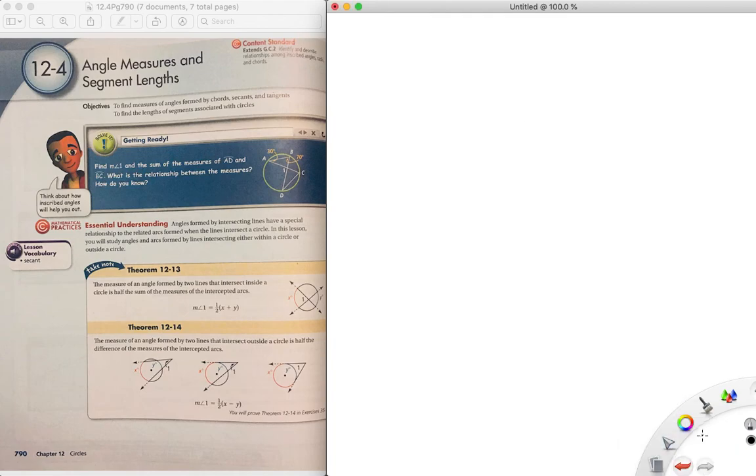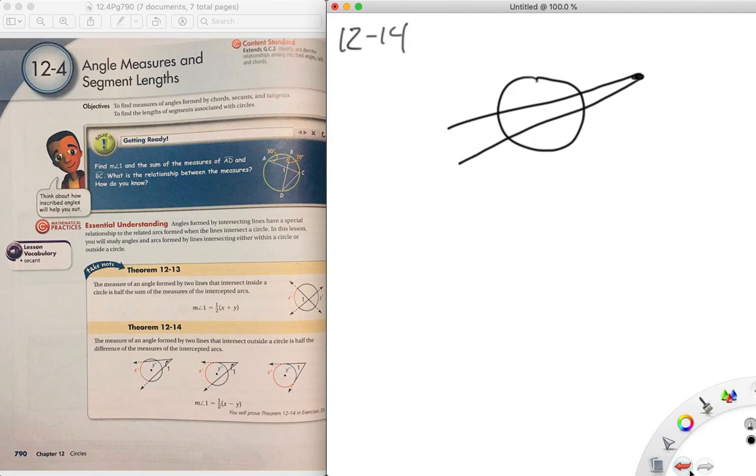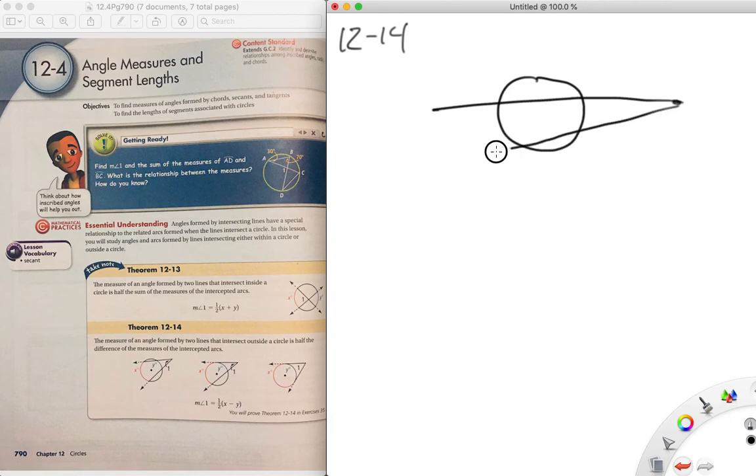And then we have 12.14. In 12.14, instead of having two lines that intersect and form the angle inside, we have a circle in which we have an angle out here. And we want to find this angle.